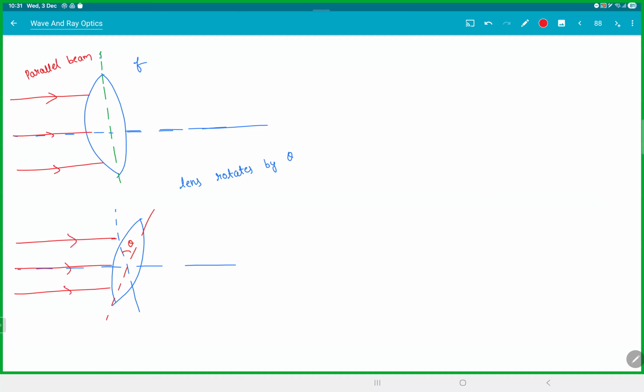I messed it up. Find the displacement of the image. The concept is pretty good though. I got the answer, but I couldn't do the approximation. So yeah, still. For small theta. That was the actual question.